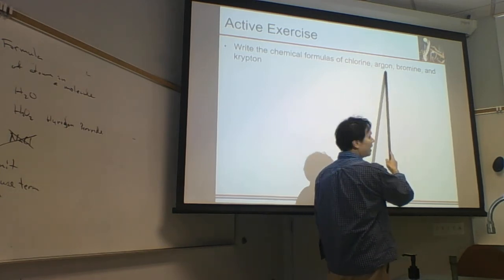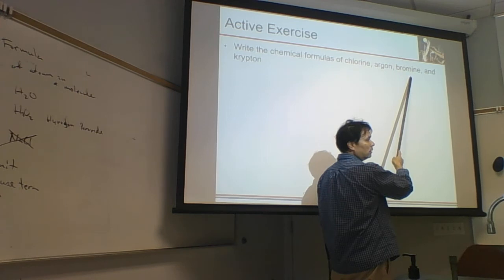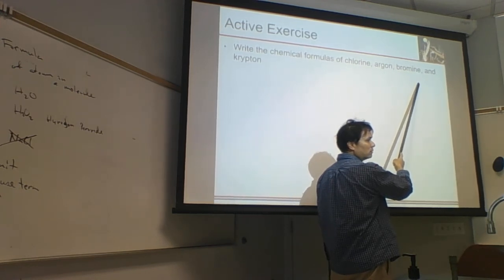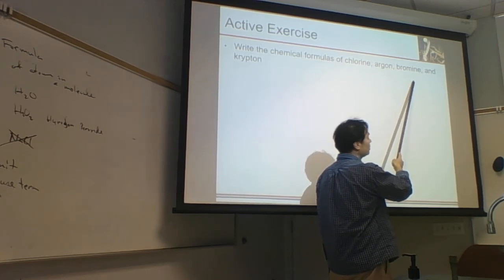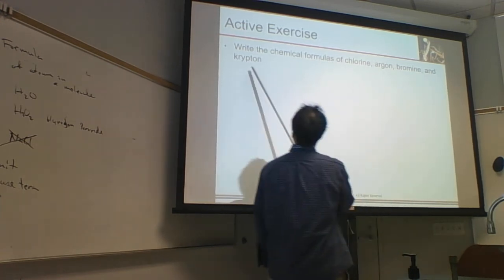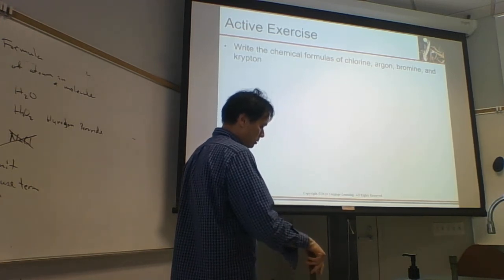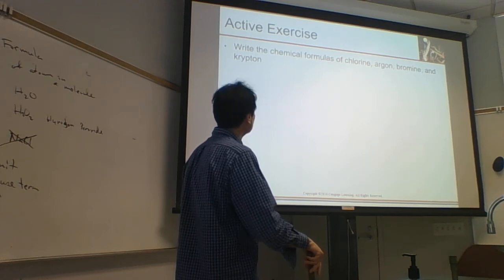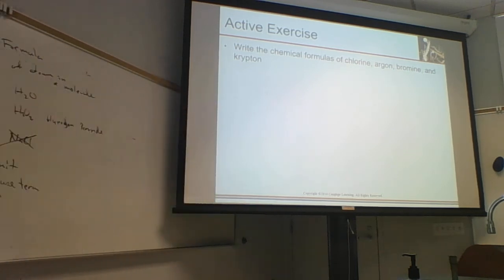Argon's just single atoms in gas phase. Ar, for argon. Bromine: atoms, molecules, or lattice? Molecules. And the formula? Br2. And krypton: atoms, lattice, or molecules? Atoms. Krypton would be atoms. That would just be Kr.